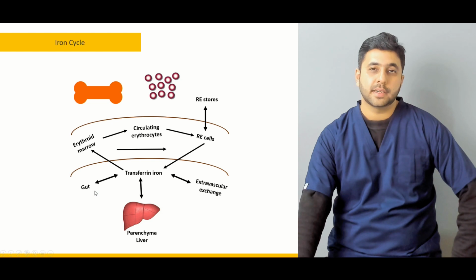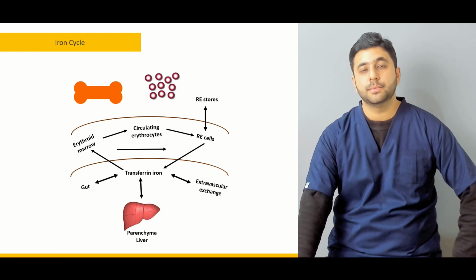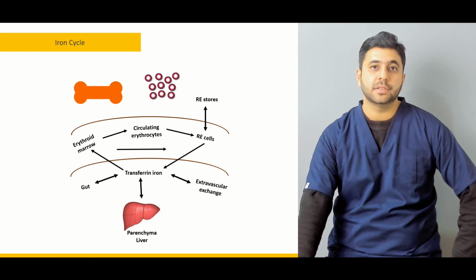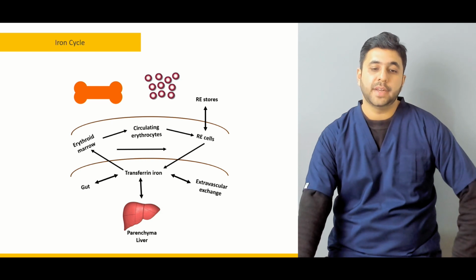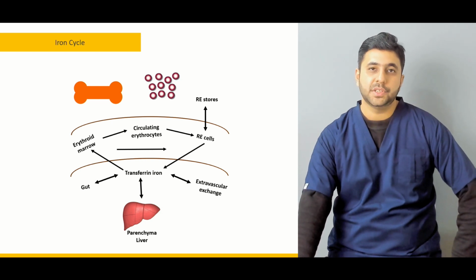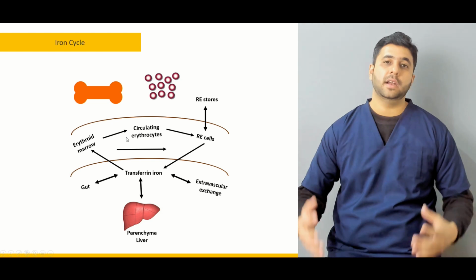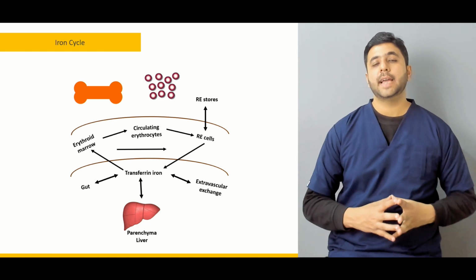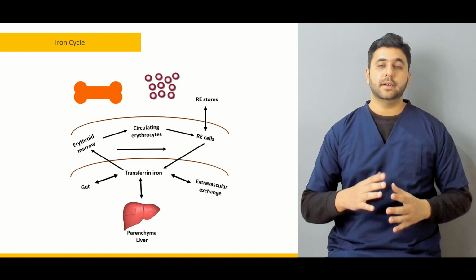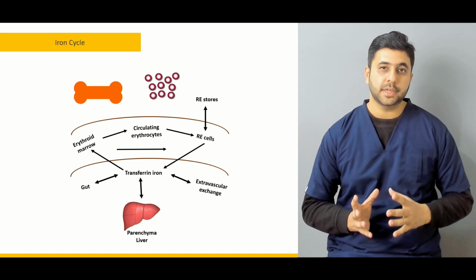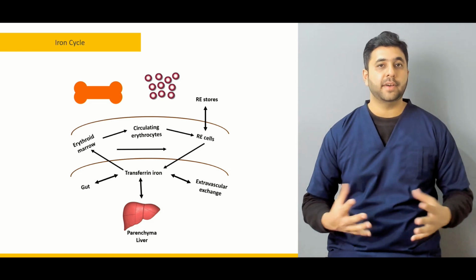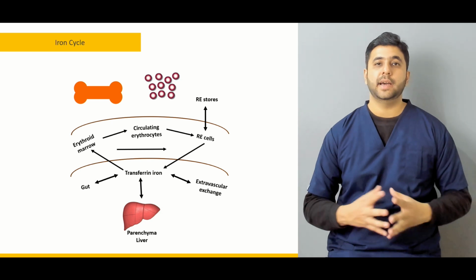Similar to what happens in the gut, if we have an excess of iron in the erythroblasts or the erythrocytes, that excess iron is stored in the bone marrow in the form of ferritin, which is the storage pool of iron. So whenever we have iron deficiency, or for example in states where we require excess iron, that ferritin pool, which is basically a large storage depot of iron, can be mobilized, and as long as that ferritin pool compensates for the iron requirement, we won't have iron deficiency anemia or symptoms of iron deficiency.